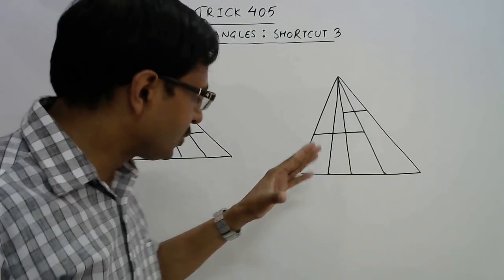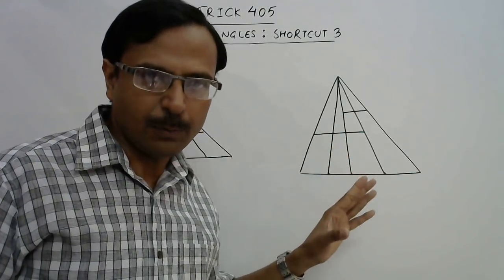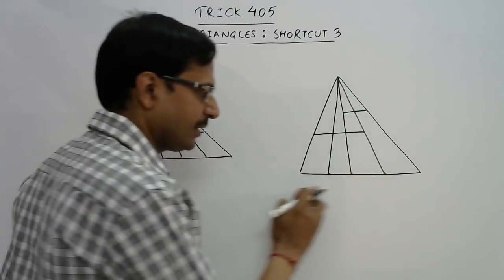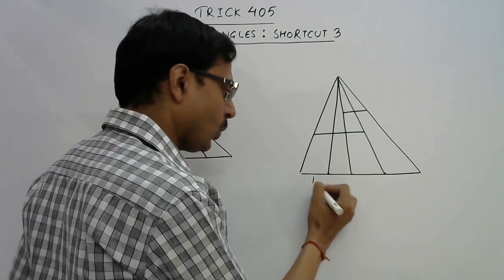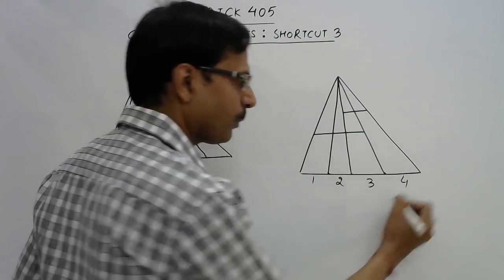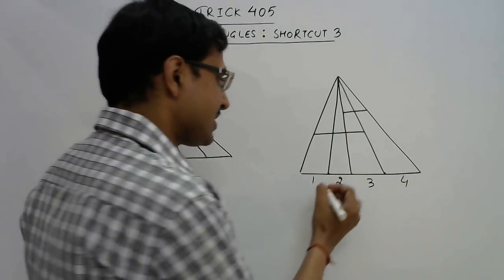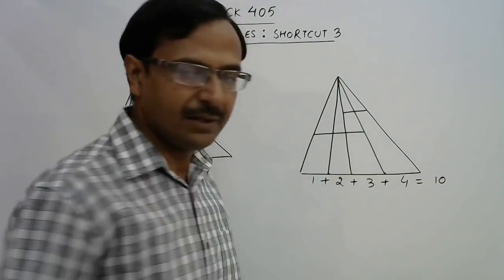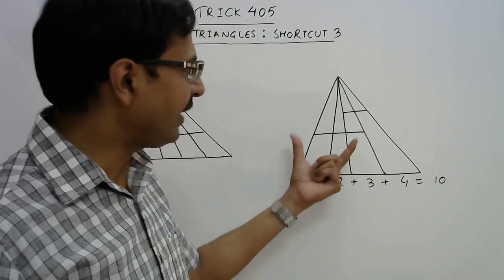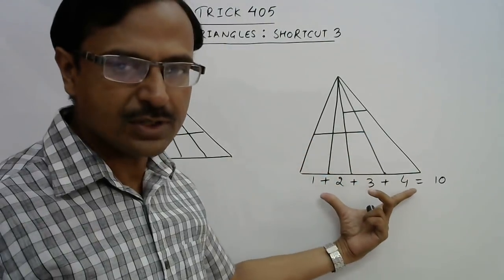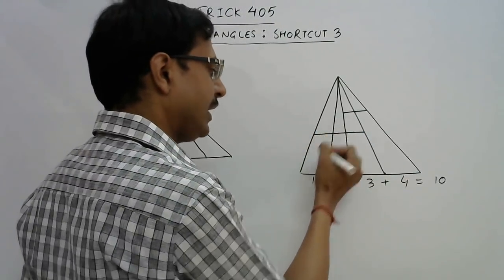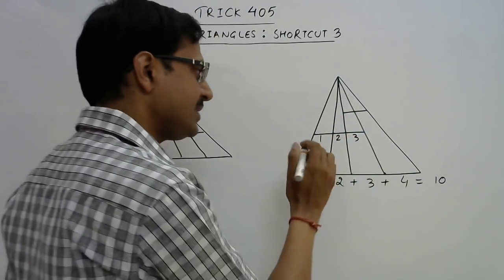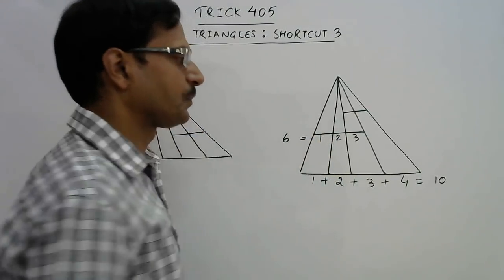Now the trick to solve this kind of problem, just see there is the base which has been divided into 1, 2, 3, 4 parts. So just add these numbers, you get 10. And now you have another base which is parallel to this base. Name this also 1, 2, 3. Add these also, you get 6.